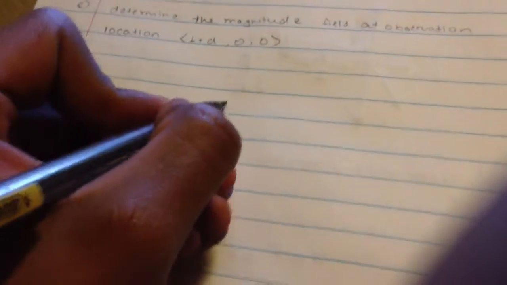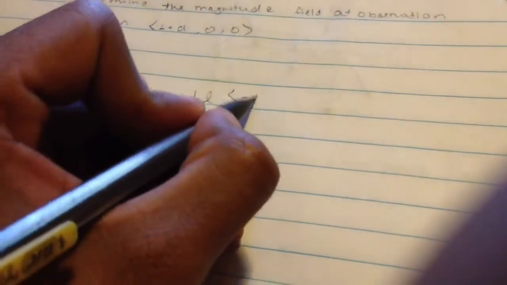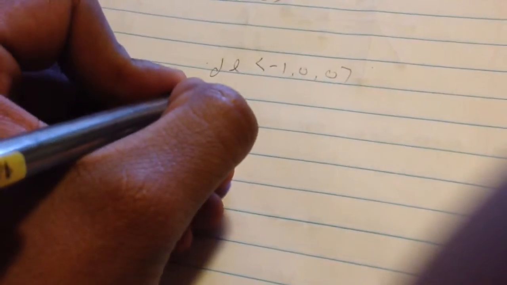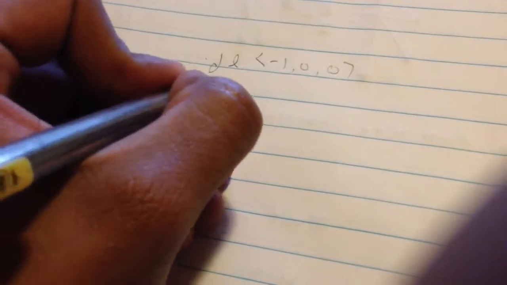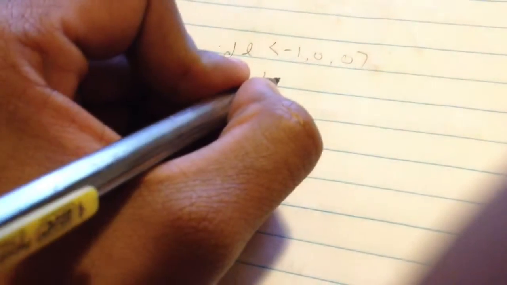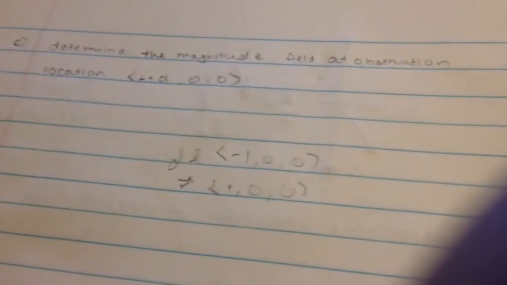We know for a fact that since dl is in the negative x direction and the observation location, which is just r, is in the positive x direction, they're both along the x axis, so the cross product of dl and r hat would just give us 0, 0, 0.